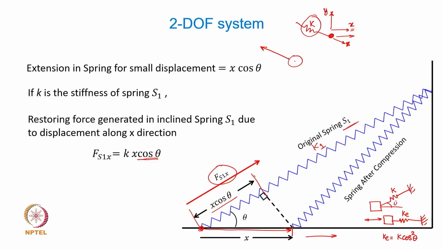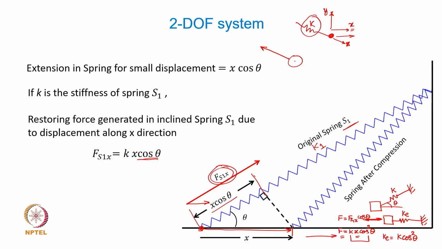This is angle theta, and you can show that by taking a component of this S1x along this direction. So the component of the restoring force along the direction x, this component of the force F is going to be Fs1x cos theta, which is basically going to mean that it is kx cos square theta, which actually means that the relationship between force and the displacement x is through k cos square theta, and that becomes the effective stiffness of the spring.